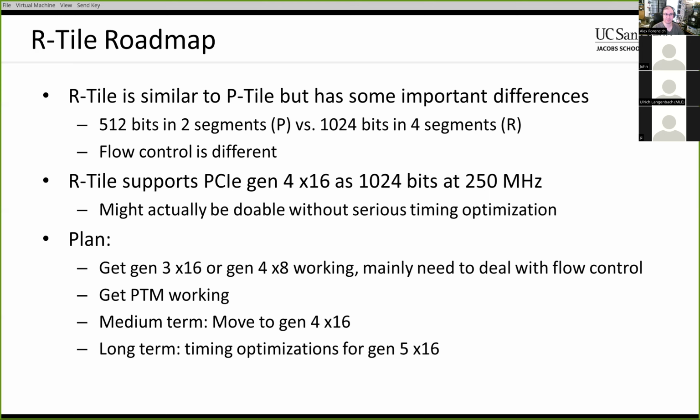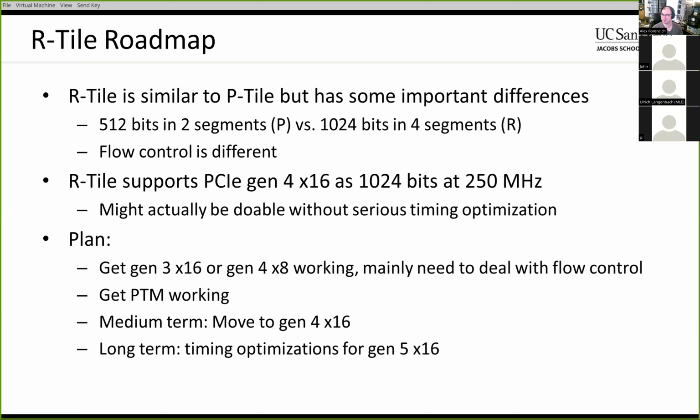The medium term would be to move to Gen 4 by 16, which would require supporting the 1024-bit data path width instead of 512. And then the long term is maybe to get it to work for Gen 5.